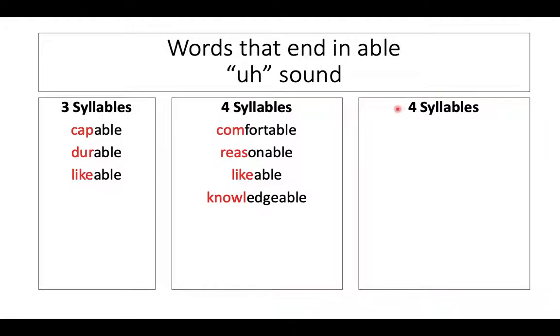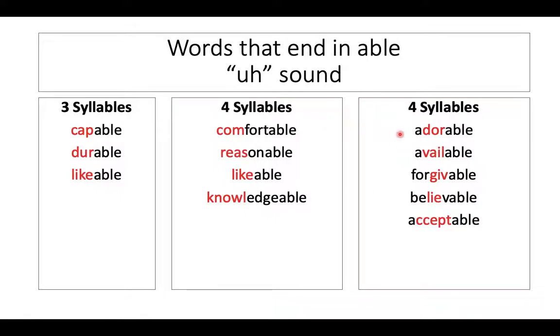Okay, now we're going to move on to other four-syllable words, and these are ones where the stress is on the second syllable, where we would expect it to be. So this first word is adorable, available, forgivable, believable, acceptable.